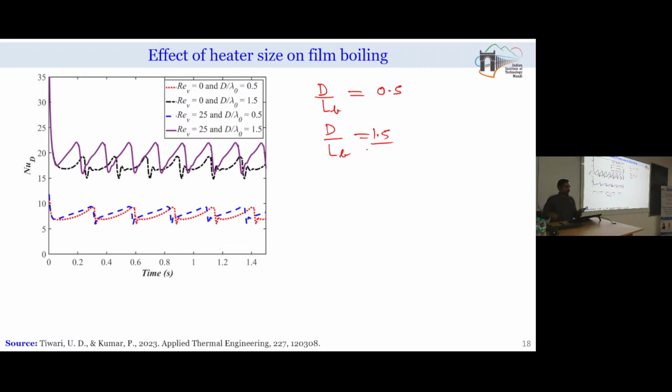Corresponding to 1.5, of course, the length scale of the vapor bubble will not be changing, because we are not changing the fluid combination; ultimately we are changing the diameter of the heater surface. If we take a larger diameter heater surface, the area available for heat transfer will be more, and corresponding to that we will have a higher value of heat transfer coefficient, whereas for smaller diameters the value of heat transfer coefficient is actually less.